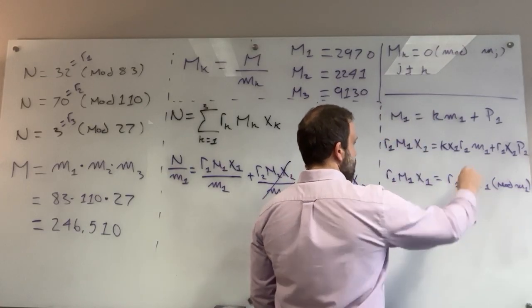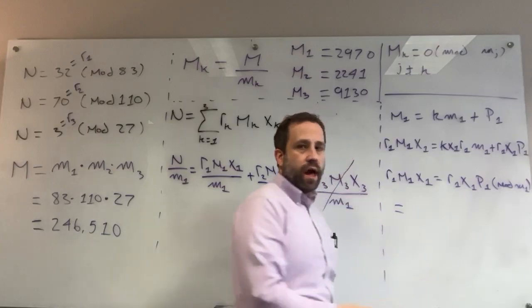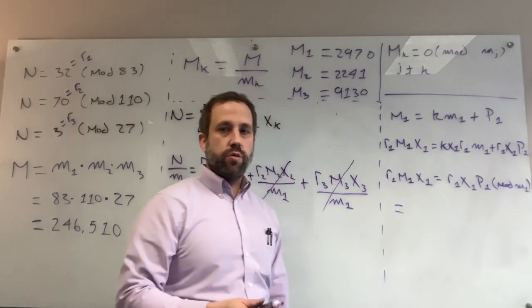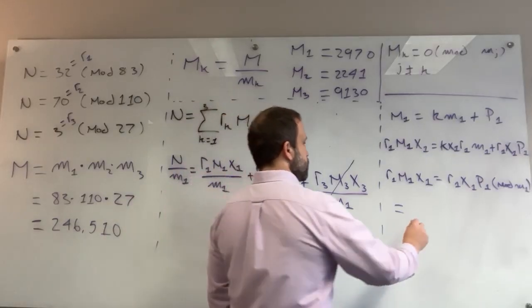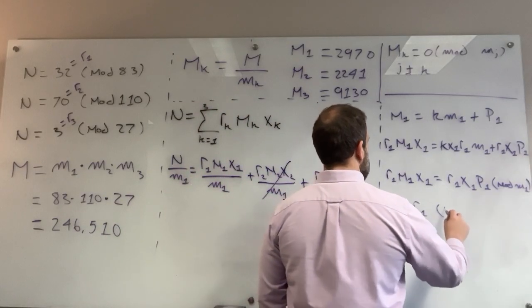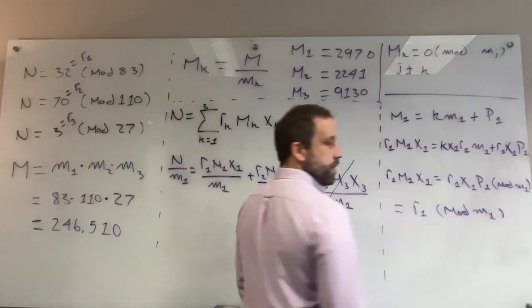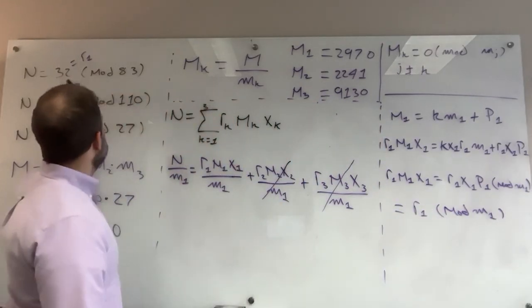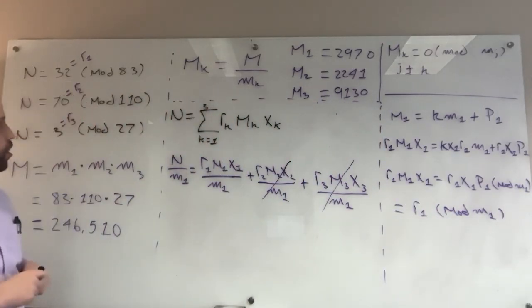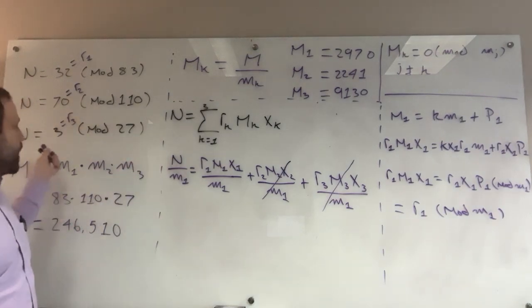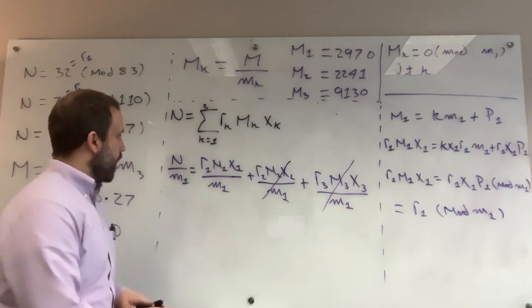Okay, but x1 times p1, I went over this logic in the previous video. x1 times p1 is equal to 1 mod m1, so then this is equal to r1 mod m1. But r1 is just 32. And then similar arguments can be shown that n is congruent to 70 mod 110 and 3 mod 27.